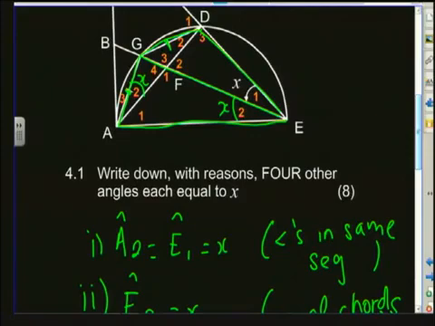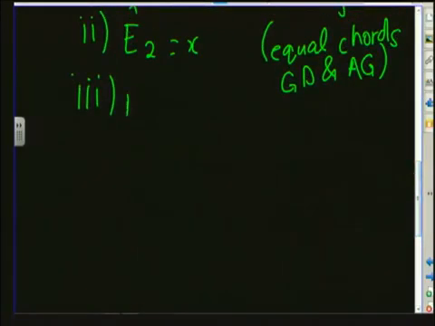So therefore, if E2 is equal to x, using angles in the same segment, I can then say that D2 is also going to be x because of angles in the same segment. GD, EA is the cyclic quad that we are talking about. So therefore, point 3, we can say that D2 is equal to x, and that's angles in the same segment.